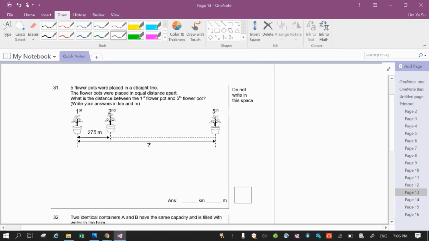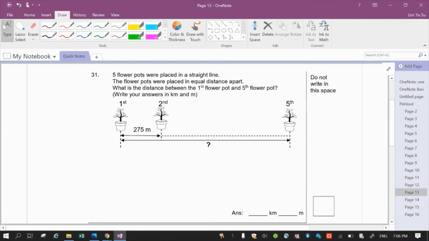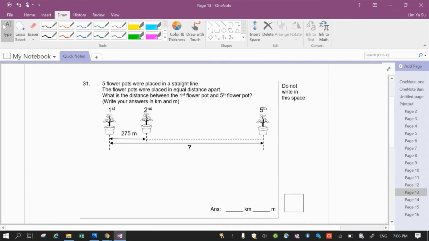So this is question 31, the question on the flower pots. Actually, this question is quite a common question. You see that happening because it tests one of the most important concepts in measurements and sometimes patterns, if you are able to understand intervals.